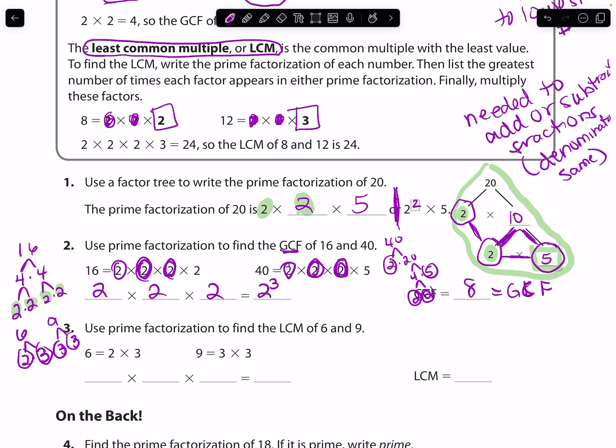To do the least common multiple of this one, I've got a 2 and I don't have another 2, so I need that 2. They both have a 3 in common, so that's covered, and it's missing a 3. So therefore, it is 2 times 3 times 3. I used one of the 3s they have in common, then this is the leftovers. That's what I'm calling it. 2 times 3 is 6, times 3 is 18.